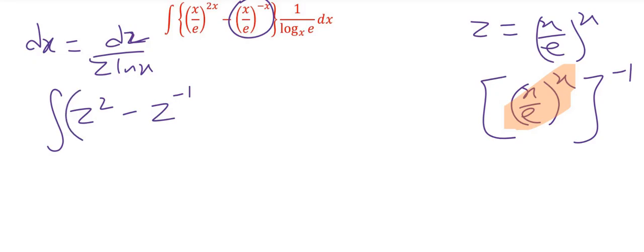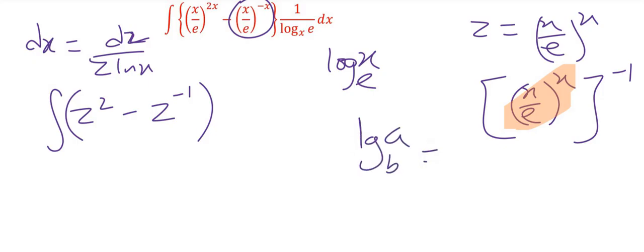Now this is multiplied by this part, 1 over log base e of x, which is the same thing as log x base e, law of logarithms. If you change a base, let's say log a base b, it is the same thing as 1 over log b base a. So interchanging the base and the number gives a reciprocal.